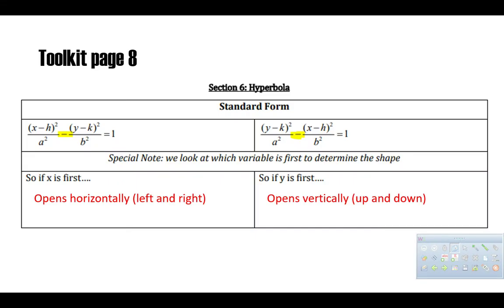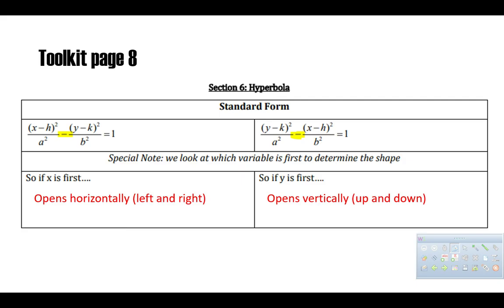So what makes a hyperbola different from an ellipse is this minus symbol. In an ellipse, it's a plus. A hyperbola is the same formula, but there's a minus in the middle. Besides that, the formulas are identical. In a hyperbola, what determines its shape?